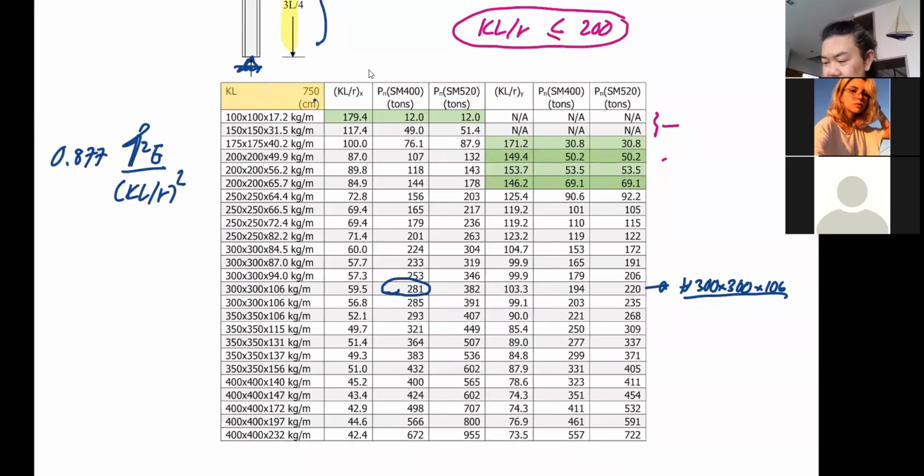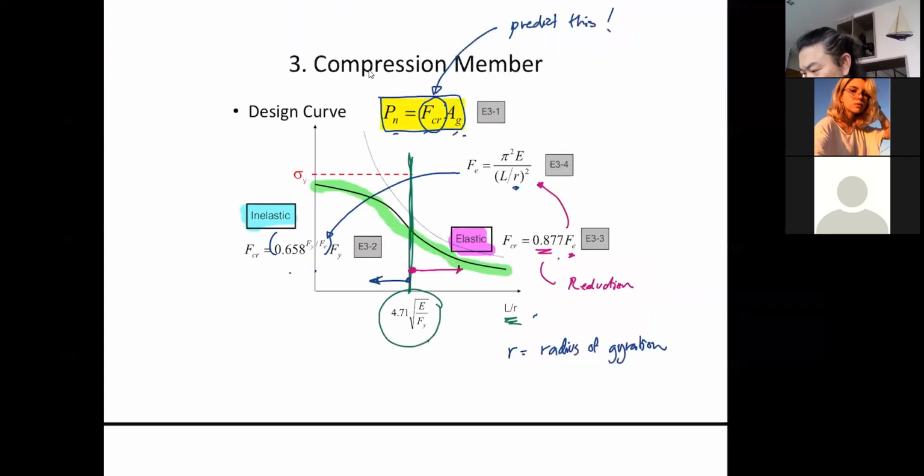That's your elastic formula, if you cannot remember. Can you remember that? It's quiet. Let me show you. Here. See, that's your formula when your compression member is in the elastic region. So I can plug this in right away, correct?